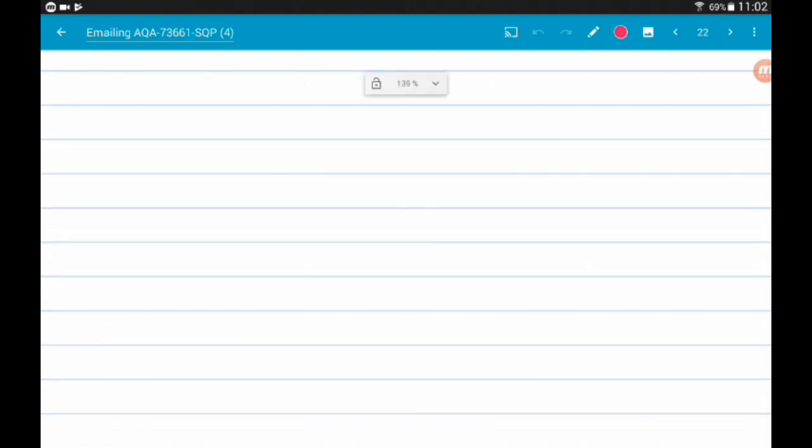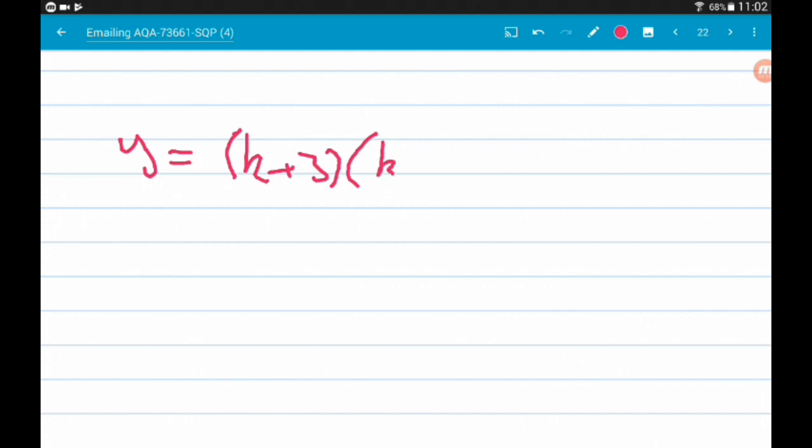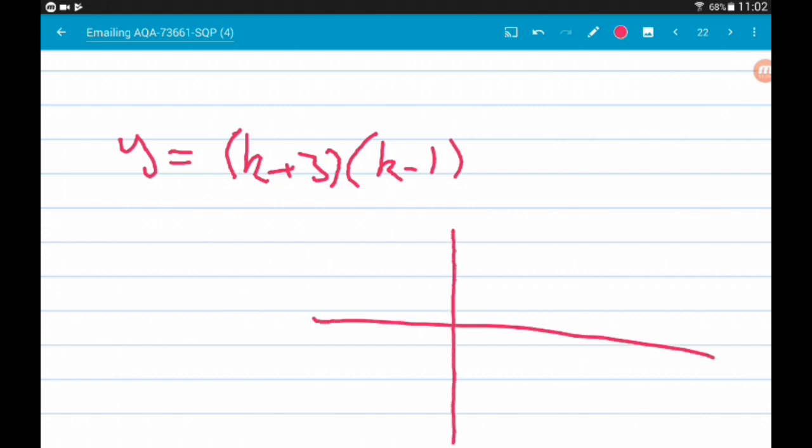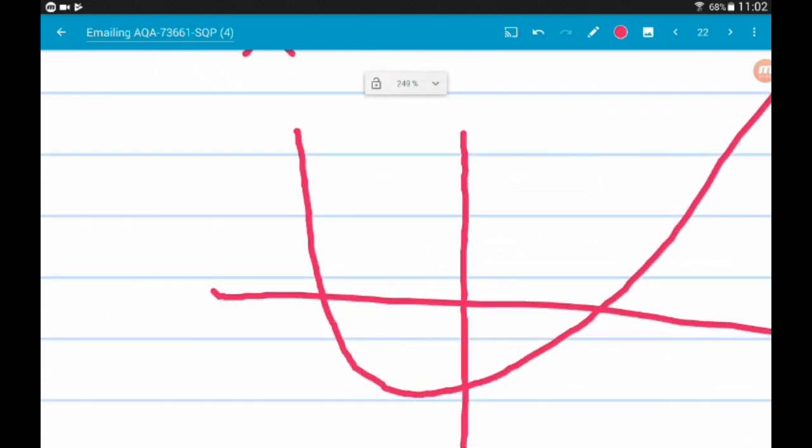If we say y is equal to k plus 3 times k minus 1, then if we call the x-axis the k-axis for now, what this looks like is a quadratic like that, where this point is -3 and this point is 1.